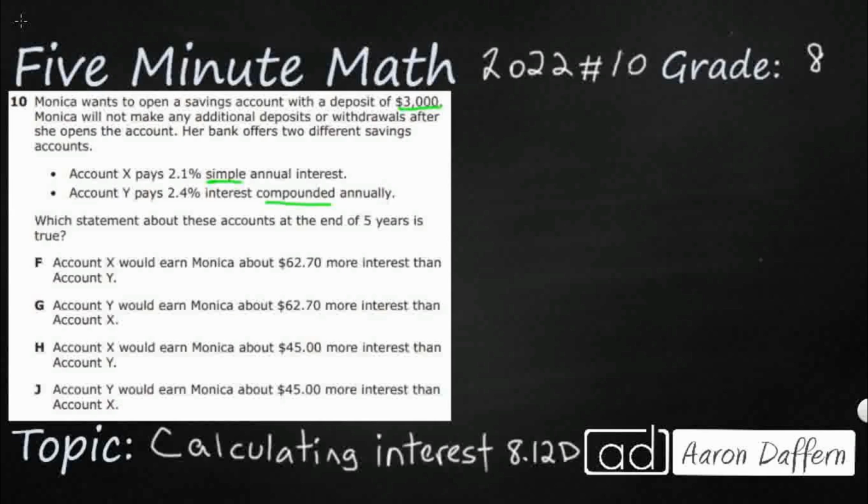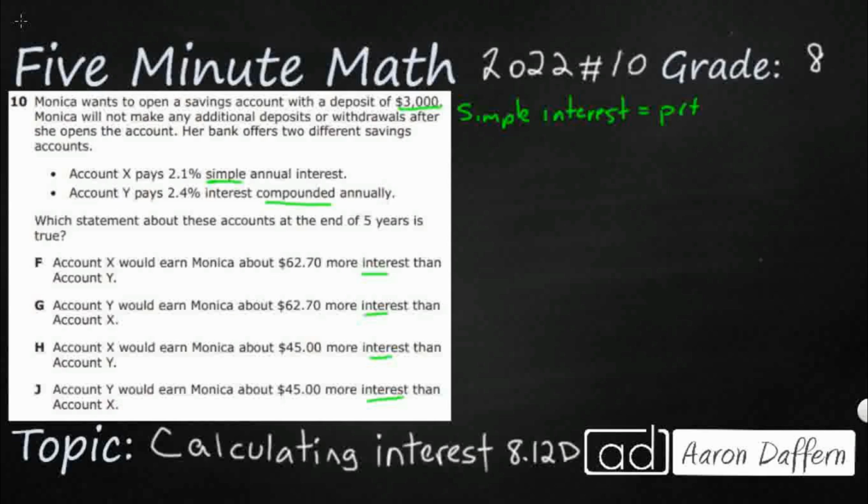All right, well, let's just look at our two formulas for interest. We'll start with our simple interest, and we're looking to see how much interest is being earned. Simple interest is going to be PRT, our principal multiplied by our rate multiplied by our time.